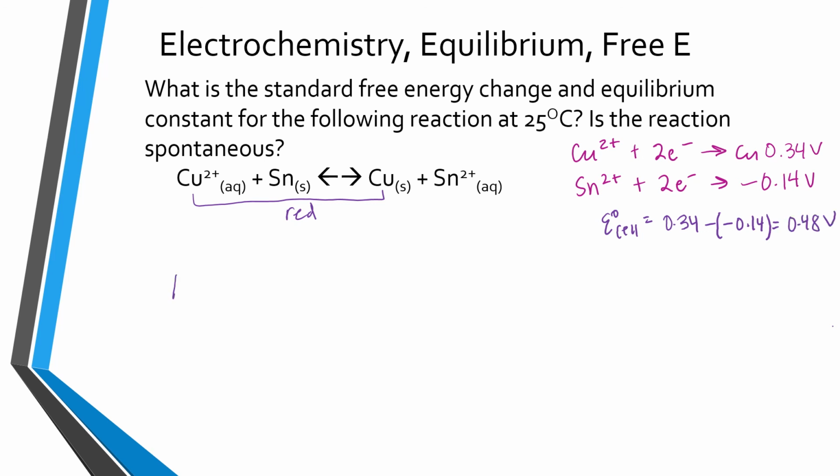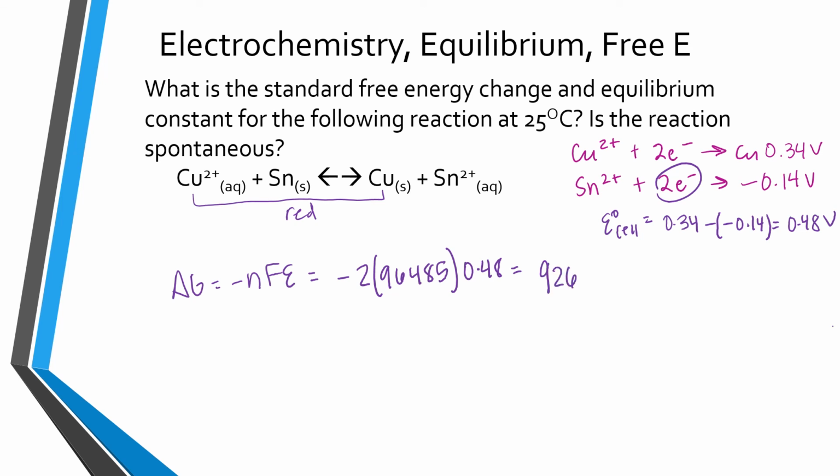So then delta G equals negative NFE. N is 2 because it's 2 electrons, times Faraday's constant times the cell voltage, and I get negative 92,625 joules.